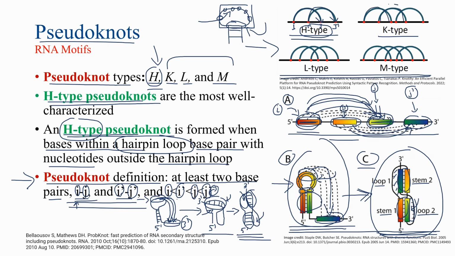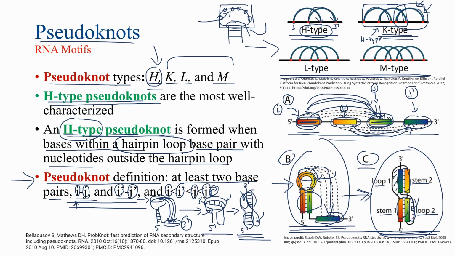You can think of this as being an H-type pseudoknot with the exception that you have an additional complexity caused by the base pairing that you see with this half circle here. So you have an H-type pseudoknot that you can see here in this K-type pseudoknot. And the reason it's a K-type pseudoknot is because you have an additional complexity that you see here. And this additional complexity is what's causing this to be a K-type pseudoknot.